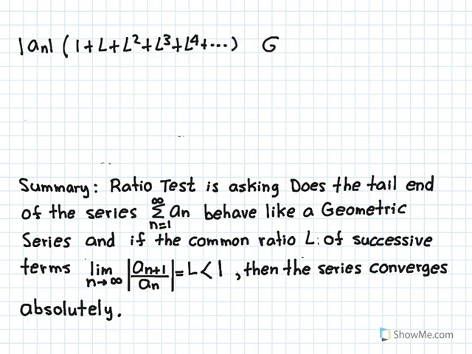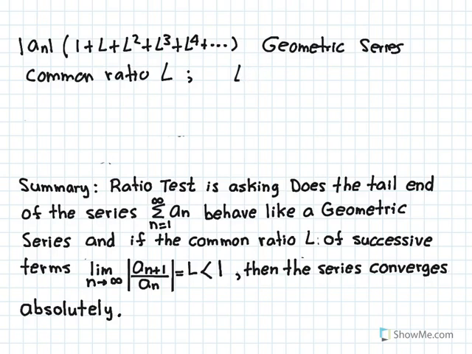This is a geometric series with common ratio L, and we know that a geometric series converges if L is strictly less than 1 and larger than or equal to 0.